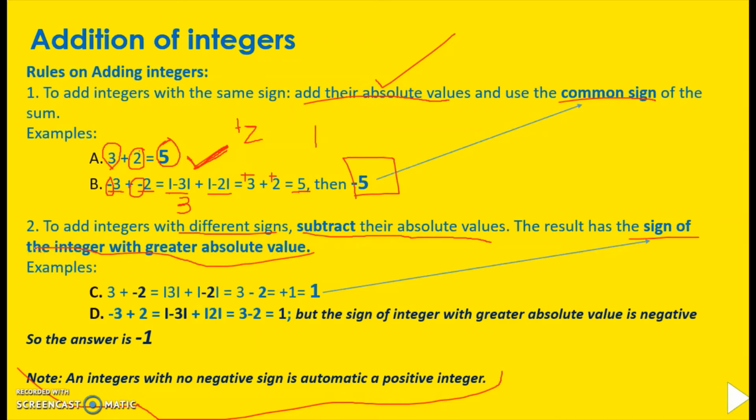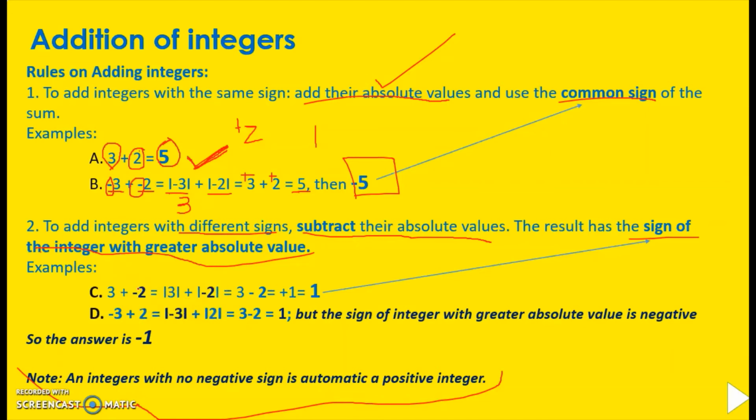So let's see this. 3 plus negative 2. We're going to take the steps here. We take the absolute value of each integer: the absolute value of 3, and the absolute value of negative 2.